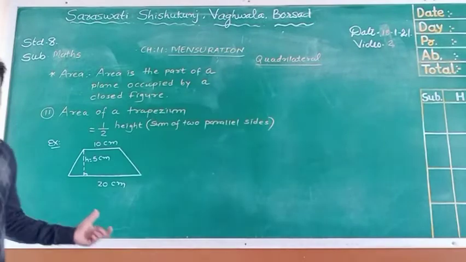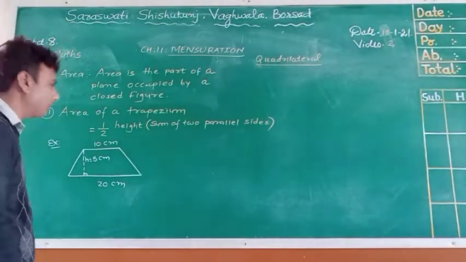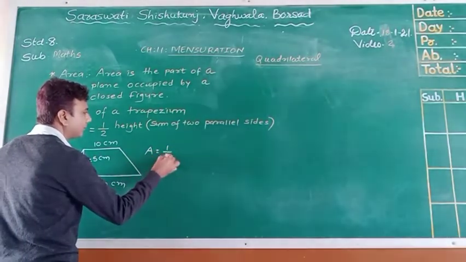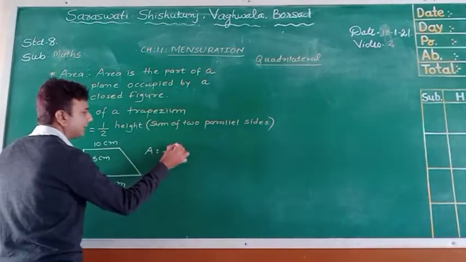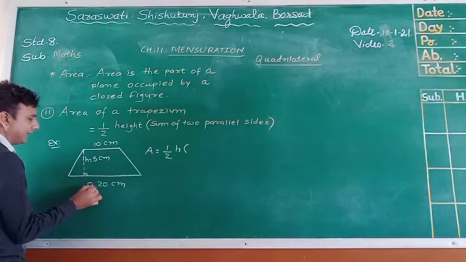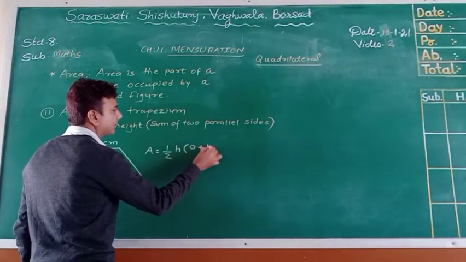So in this figure we want to find the area of the trapezium. We can use this formula: area of trapezium equal to 1/2 height, h, and sum of two parallel sides, this A and this B. A plus B.